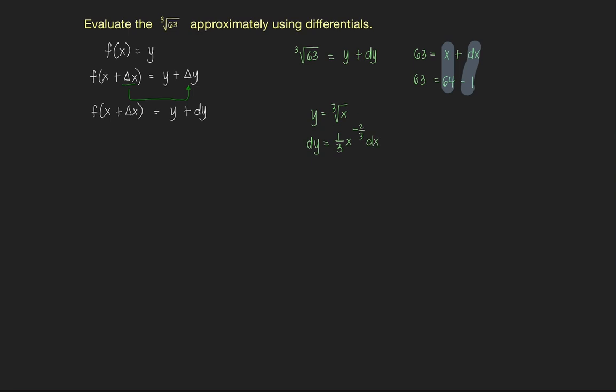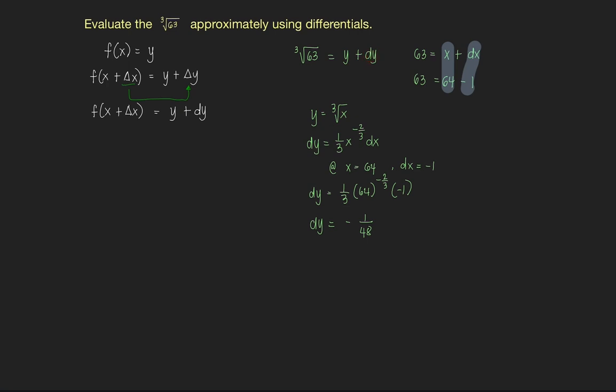So when x is 64, dy is equal to 1/3 times 64 raised to the power of negative 2/3 times negative 1. X is 64, also dx is equal to negative 1. That would give us dy equals negative 1/48.